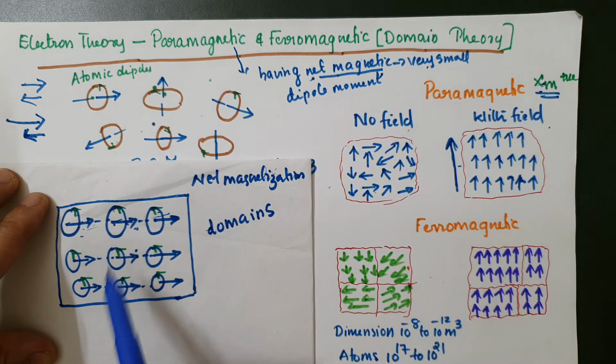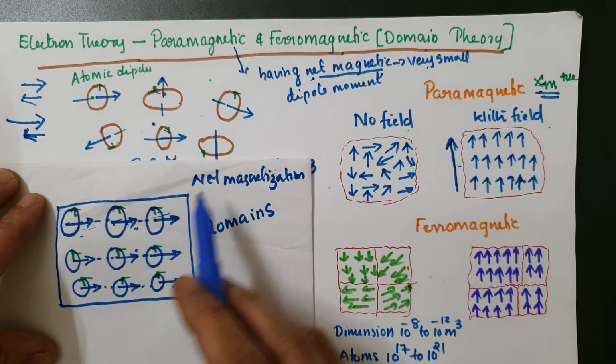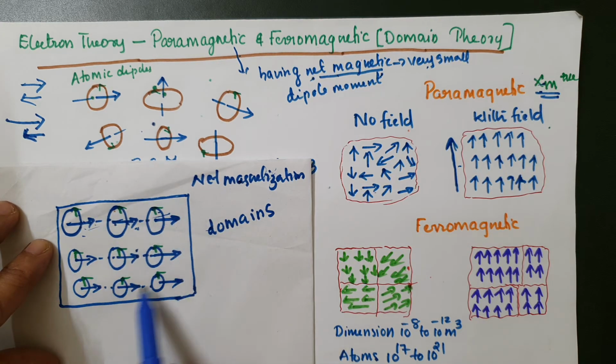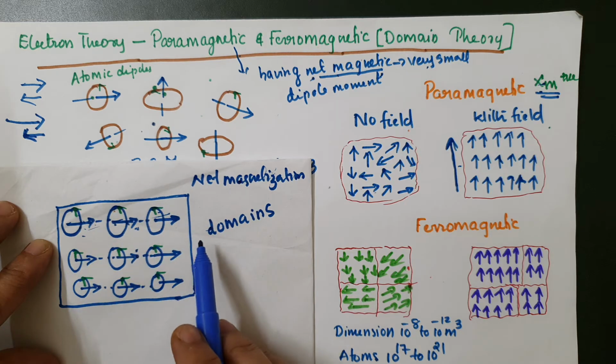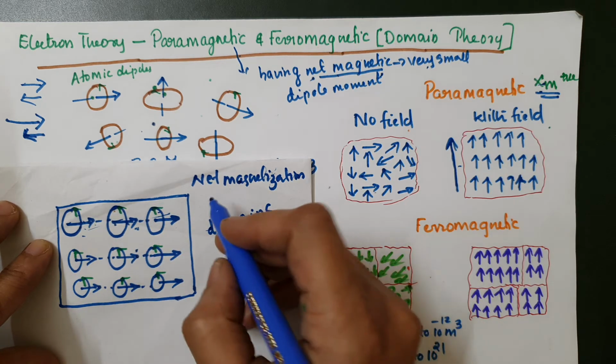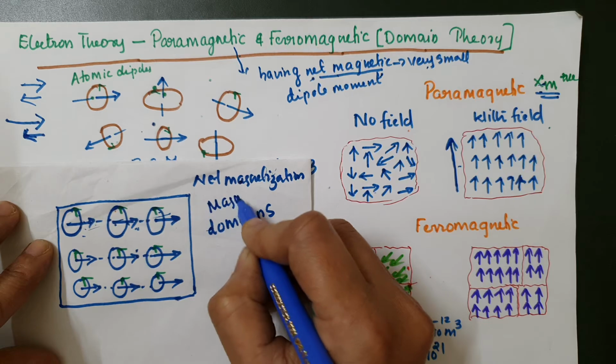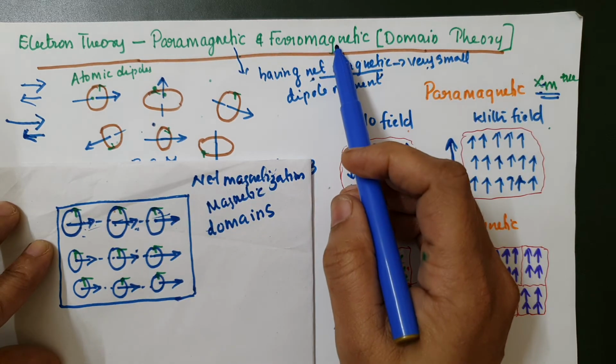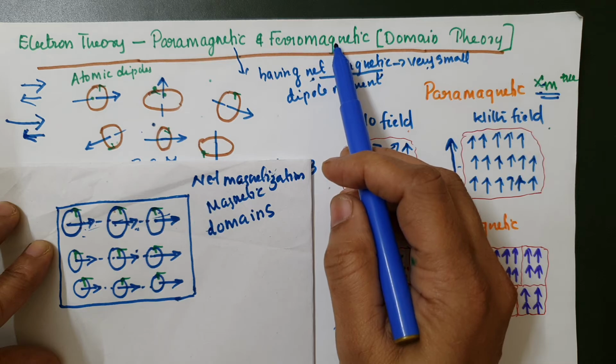But if we consider a large number of atomic dipoles which have a large net magnetization, then these atomic dipoles form a group, and it is called a magnetic domain, and this magnetic domain is the concept of ferromagnetism.